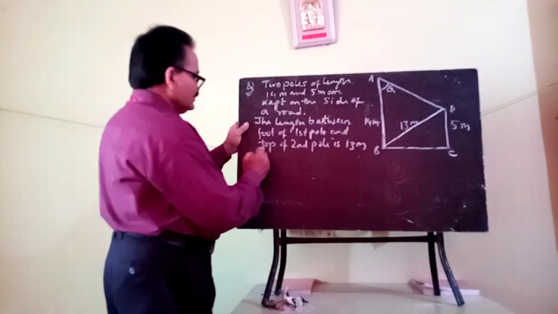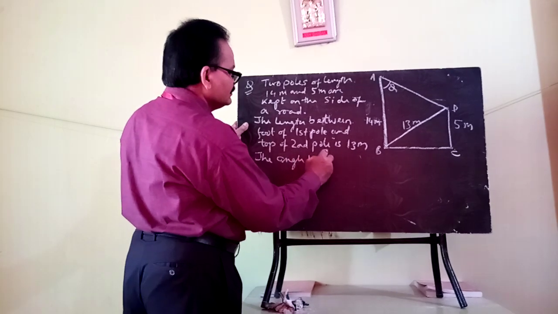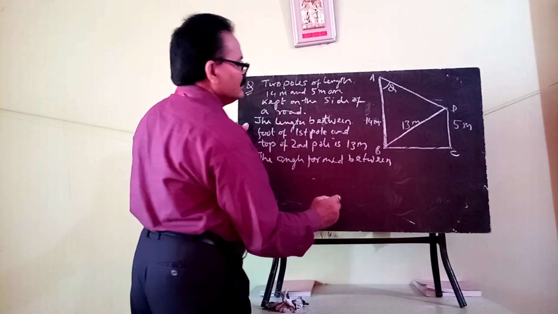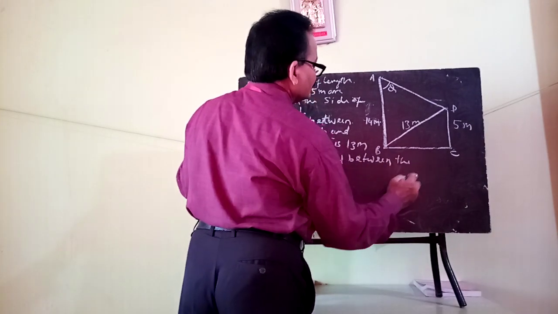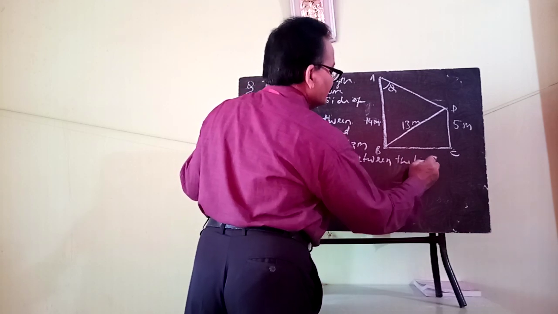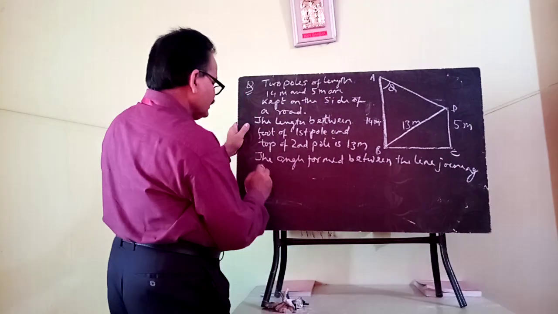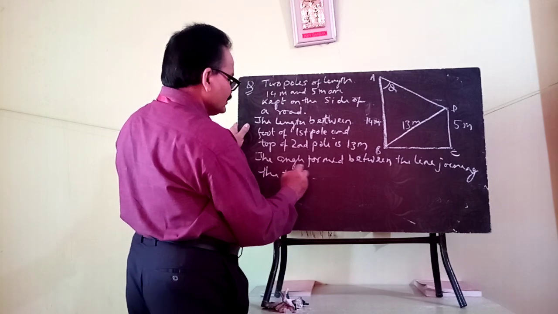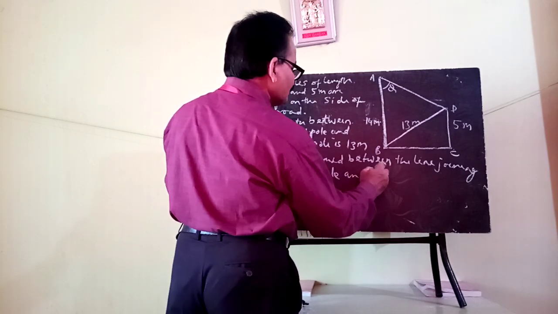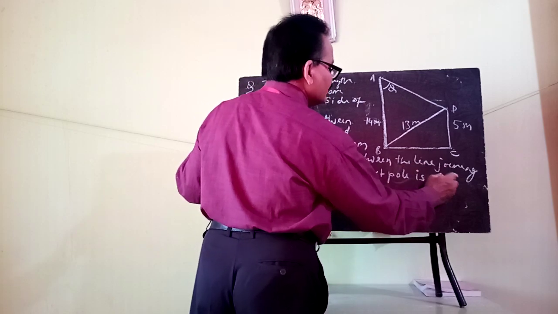The angle formed between the line joining the tops of the poles and the first pole is theta.